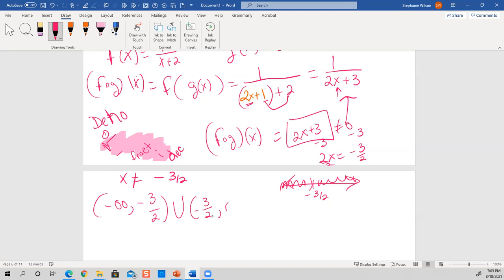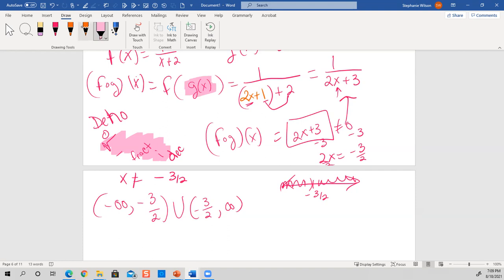And if you notice, I used a parenthesis on the -3/2, that's because we're going up to the point, we're not going to equal it. If we was equaling it, I would put a bracket on it. Okay, so I know the domain for this function. However, since we are plugging a function into a function, we have to go back and look at the function we plugged in, because it could change this new domain.